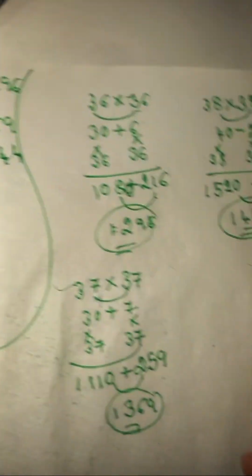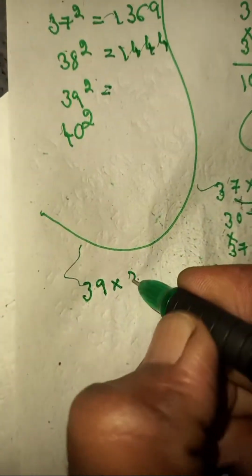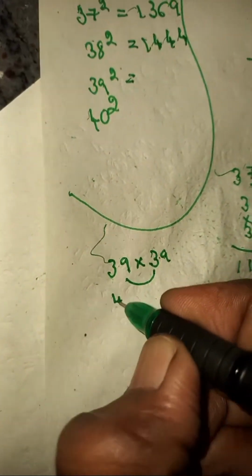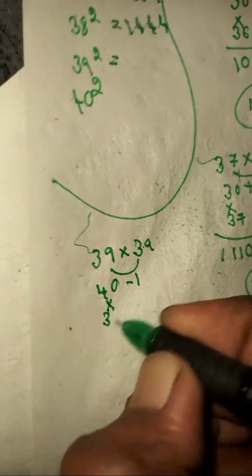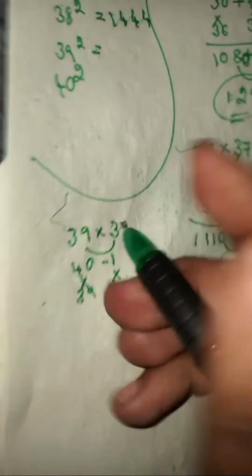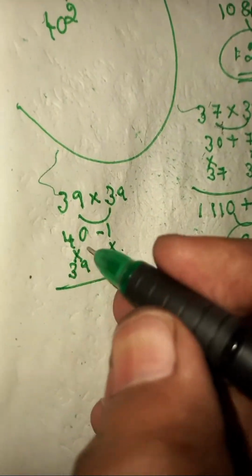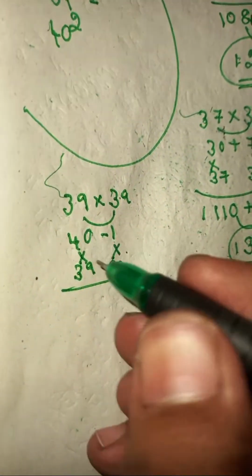Now let's do 39 square. 39 square means 39 times 39. Here you can write it as 40 minus 1. Here also 39, you multiply, here also 39. 4 times 4 is 16, so 1560, minus 39.